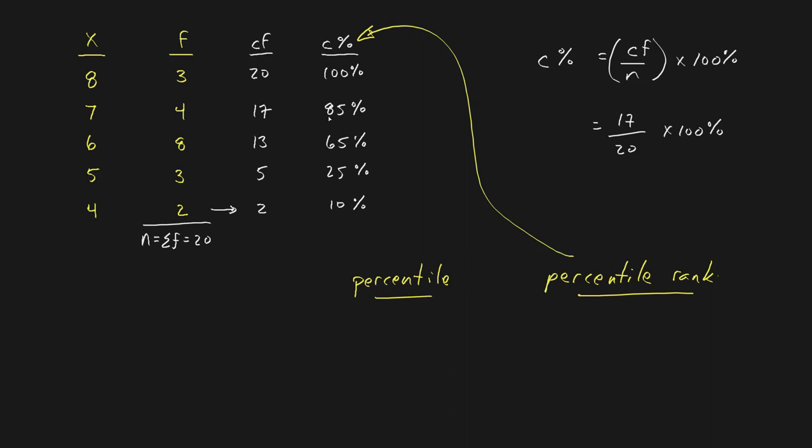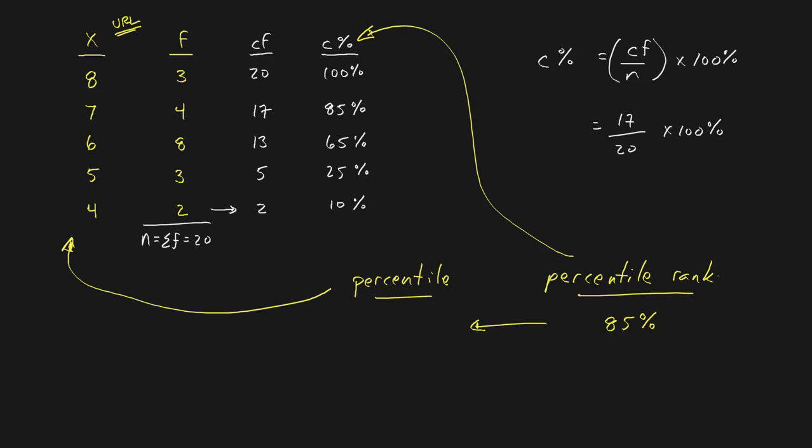So for example, this 85% is a percentile rank for a particular percentile. Percentiles almost always come from the score column. Percentiles are the upper real limits of your scores.